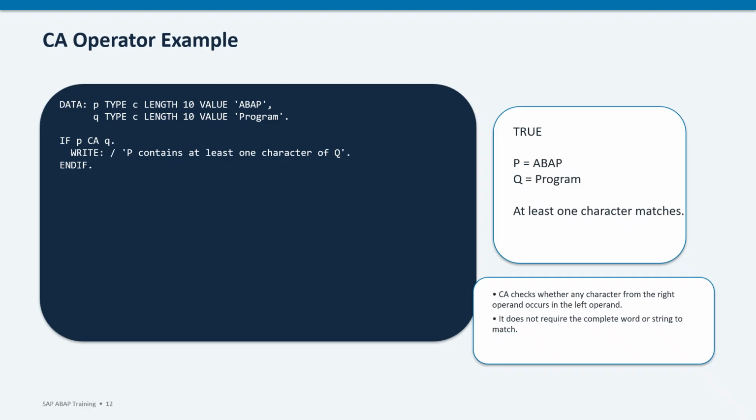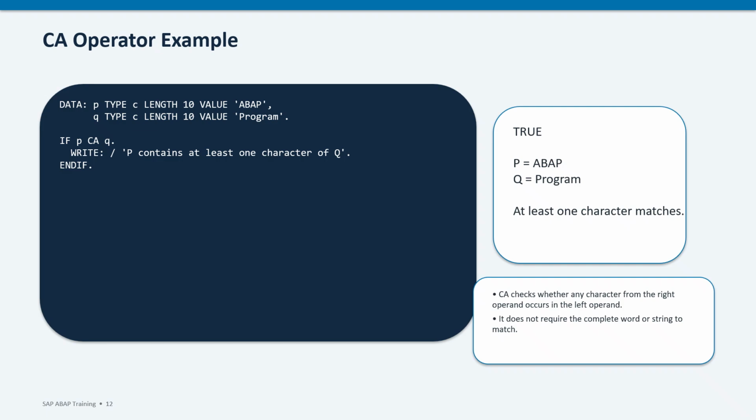It's a CA operator example. CA means contains any. For example, P is of type C, a character, with length 10, and value ABAP, and Q is a program.